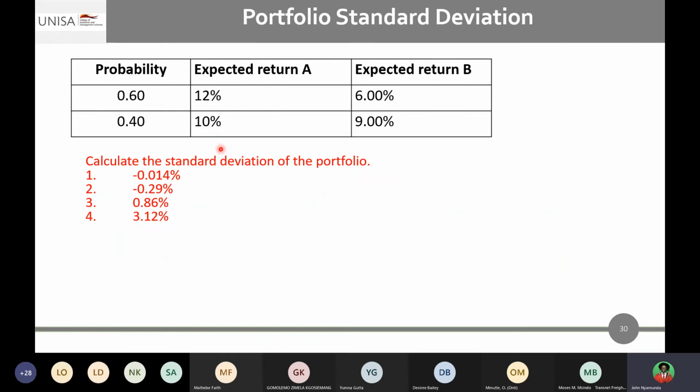Okay, this one I'll give 4 minutes. So that at 22 we start doing something else. Still calculate the portfolio standard deviation. The numbers you're dealing with here are very small.